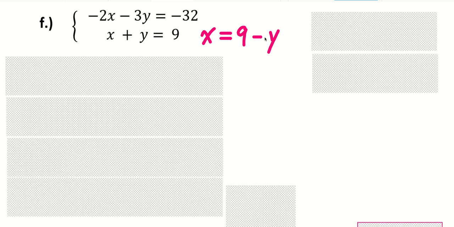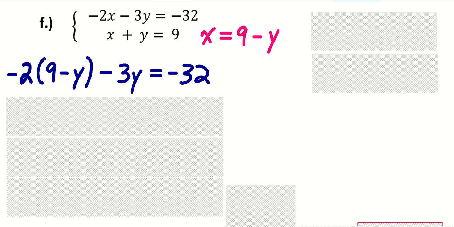So if x is the same as 9 minus y, I can make a trade. So instead of it saying x, it now says 9 minus y, because they're the same. And again, for like the 5th time, now I can solve this equation for y, which shouldn't be a problem for you, I hope.